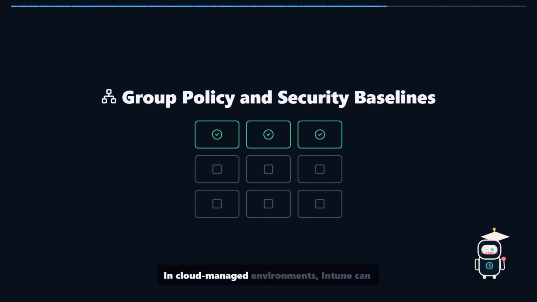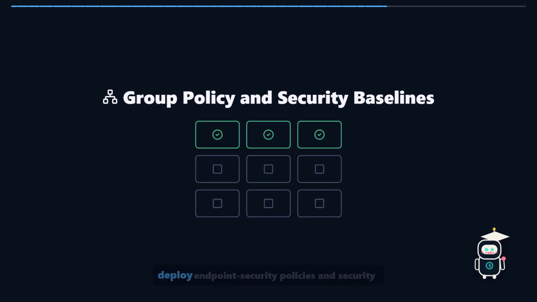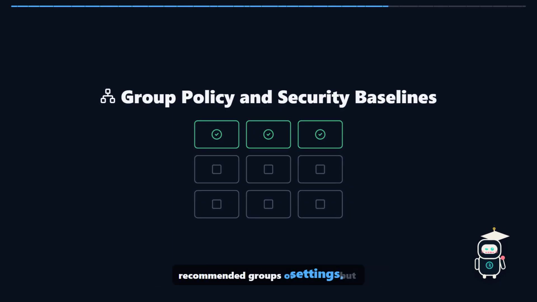In cloud-managed environments, Intune can deploy endpoint security policies and security baselines. Microsoft security baselines provide recommended groups of settings, but they are not a one-click substitute for understanding your environment.